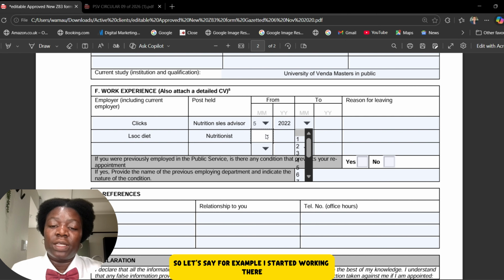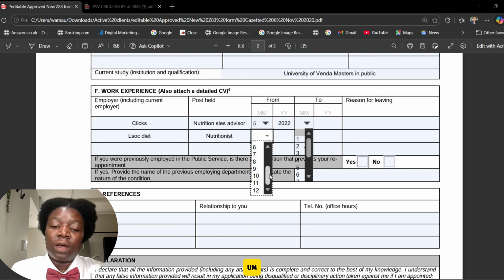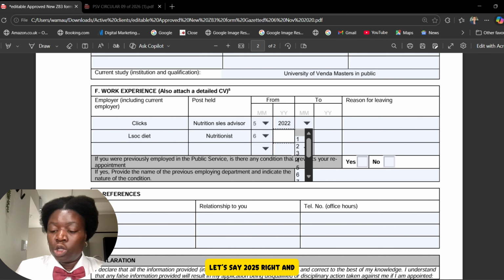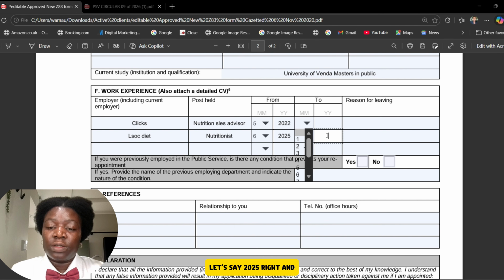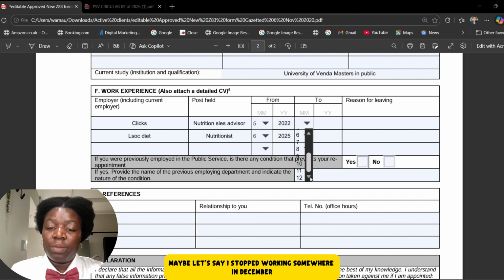So let's say, for example, I started working there in June, let's say 2025, right? And then this is to the end. When did I stop working there? Maybe let's say I stopped working somewhere in December.